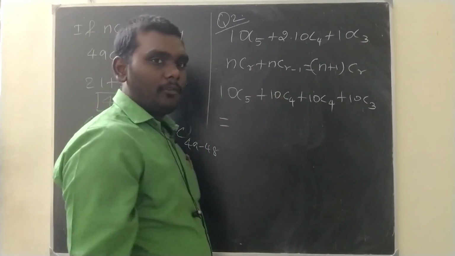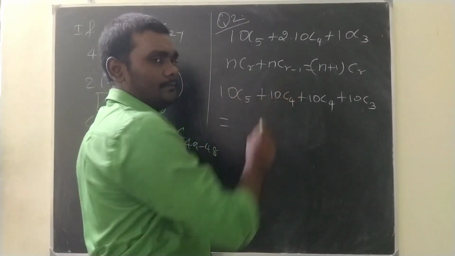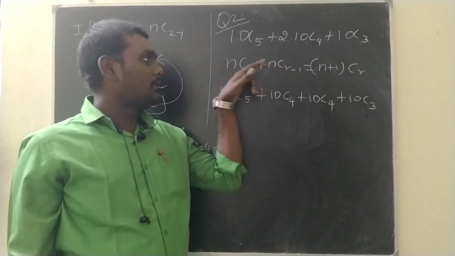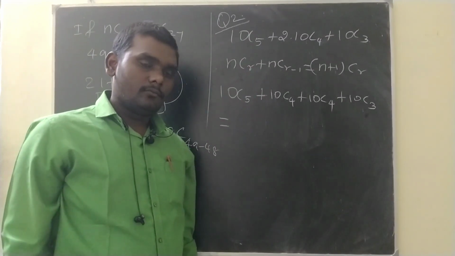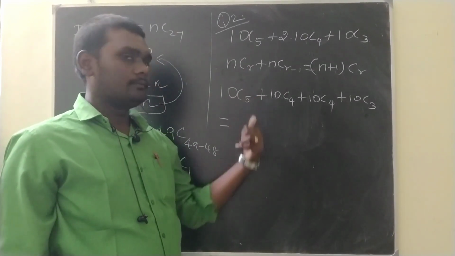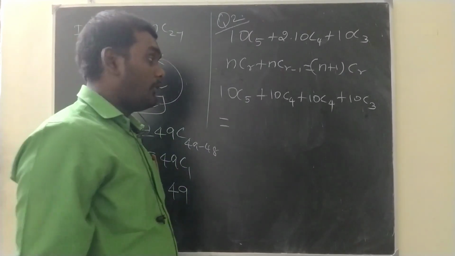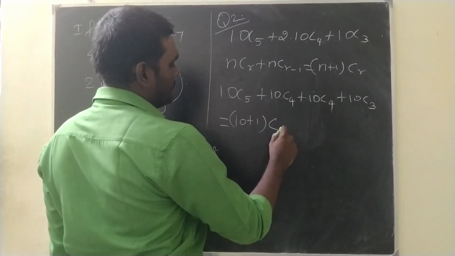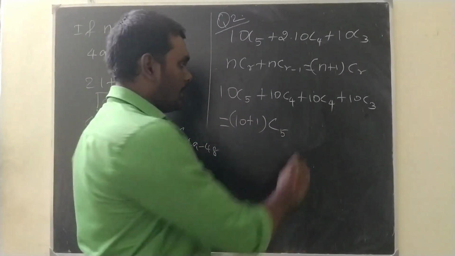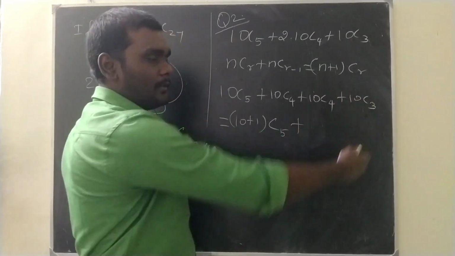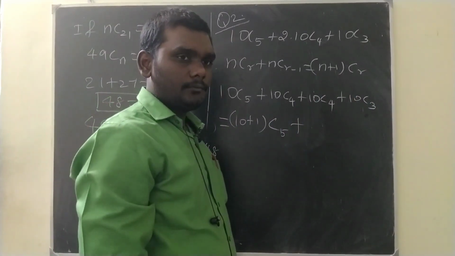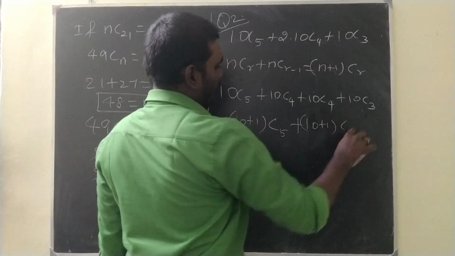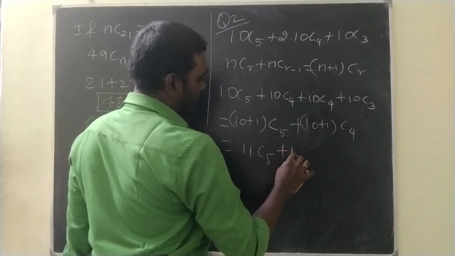Then 10C5 plus 10C4. Shall we use this formula? Does this look like the same? Then 10C4, 10C3. Shall we use this formula once again? What is the value of r? 5. N plus 1 means 10 plus 1 C 5. Here also apply the same formula. What is the value of r for this pair? 10 plus 1, then we'll have 11C5 plus 11C4.